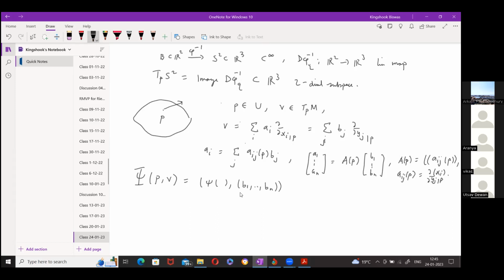Let me call capital psi of p as x, a point in R^n, and this b is a column vector in R^n. So x is equal to little psi of p in R^n, and b is also a vector in R^n.